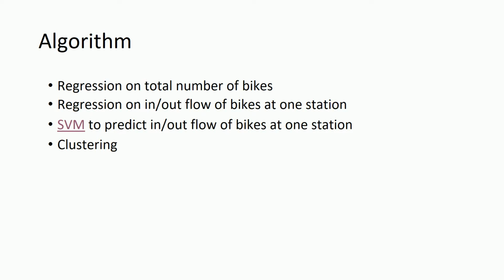SVM is support vector machines, which analyze data used for classification and regression analysis. Finally, we do clustering. Clustering is an algorithm for cluster analysis, which is a method for statistical data analysis.